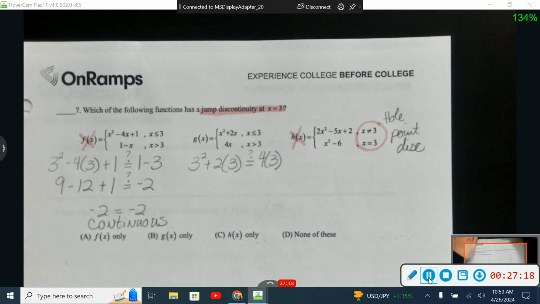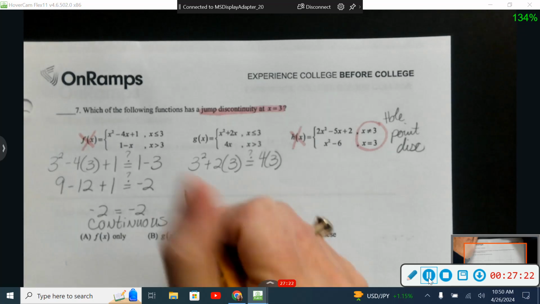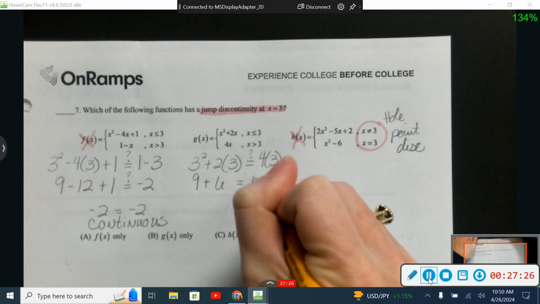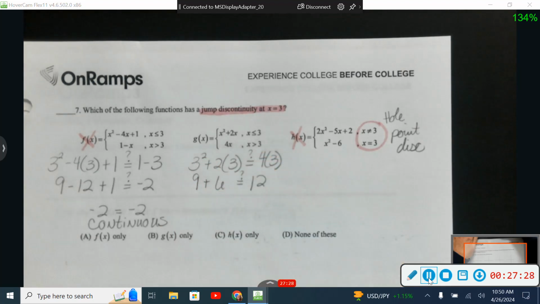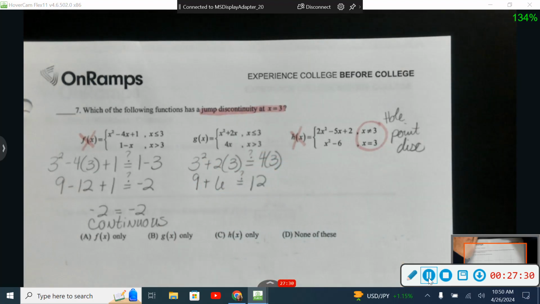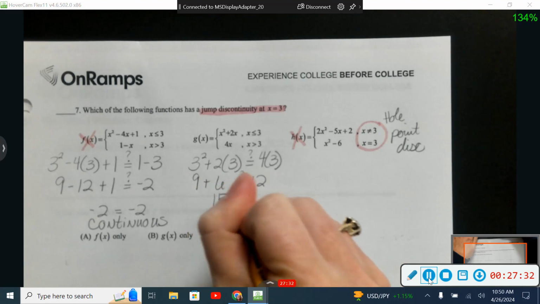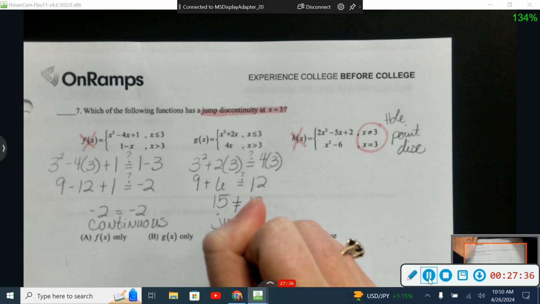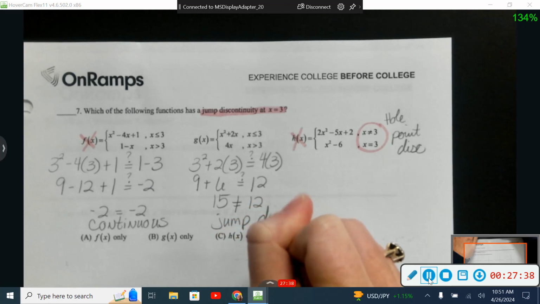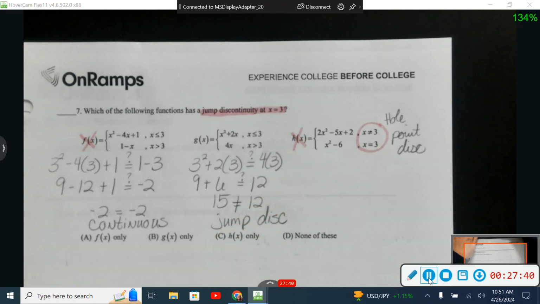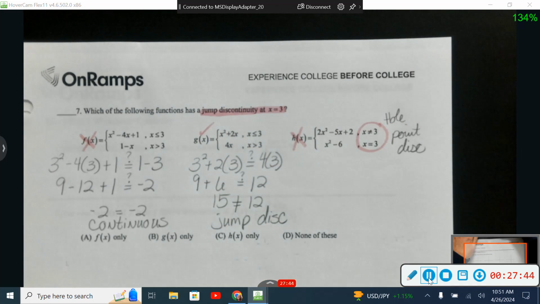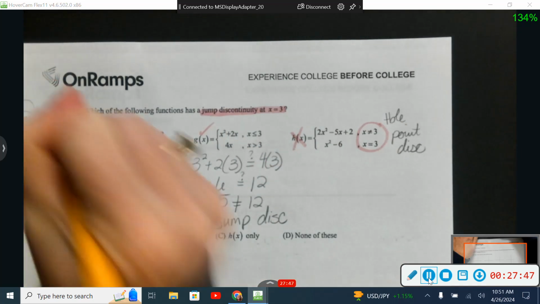So I'm going to take my 3, plug into both the top and the bottom piece. If it is discontinuous, they will not be equal to each other. So is 9 plus 6 equal to 12? And 9 plus 6 is not equal to 12. So there's my jump discontinuity. On this one, G is my only correct answer, and that is answer choice B.